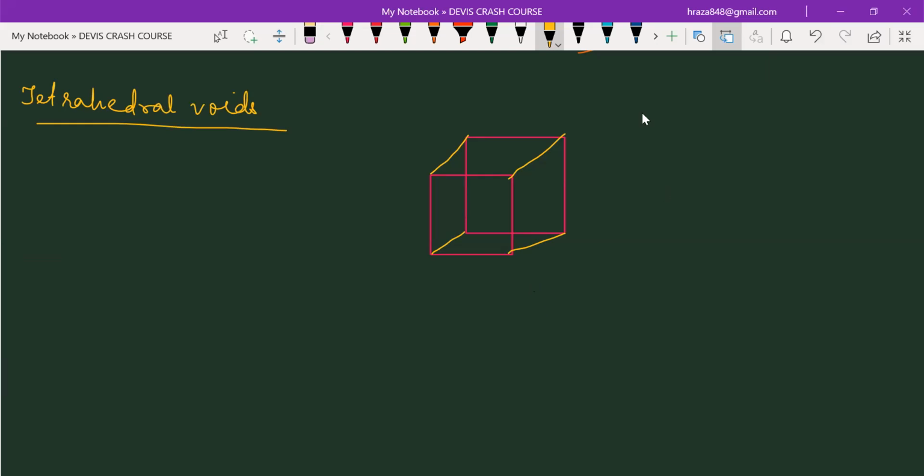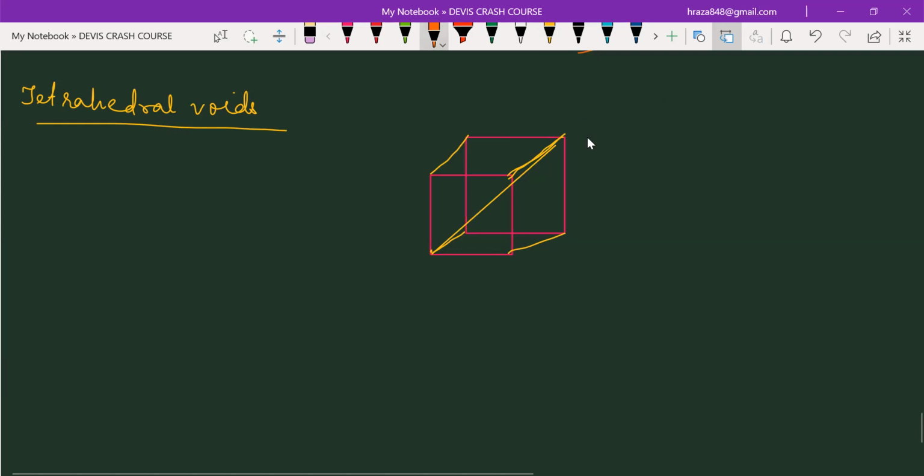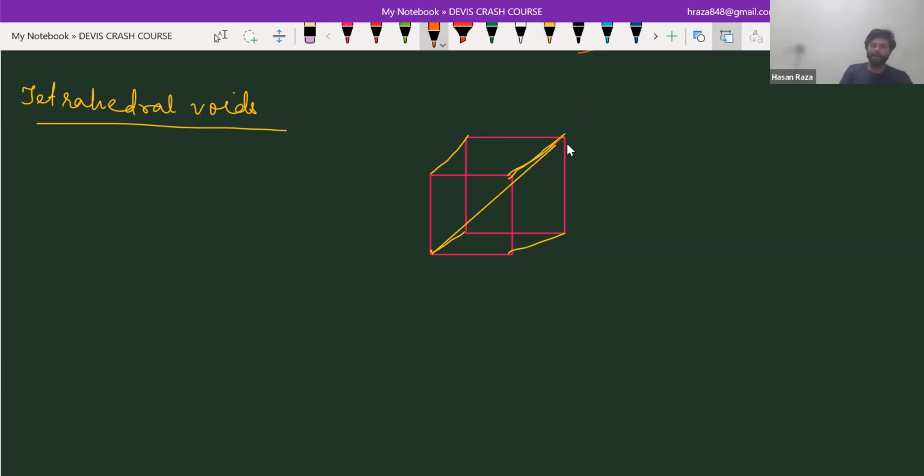Now see, it's very simple to understand, since tetrahedral voids are present due to this body diagonal. Only you need to know the concept. The concept is very easy: it is made between four atoms.